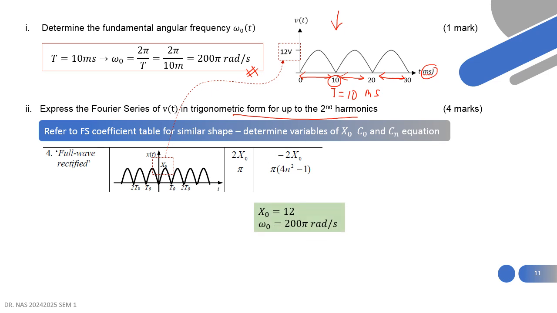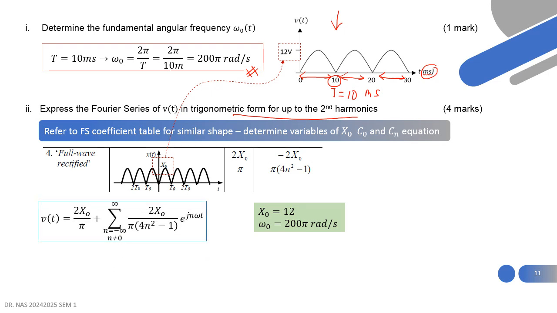So from t0 equal to 10 millisecond, you have calculated in the first question the omega naught equal to 200 pi radian per second. Okay, then you need to write down the general equation.